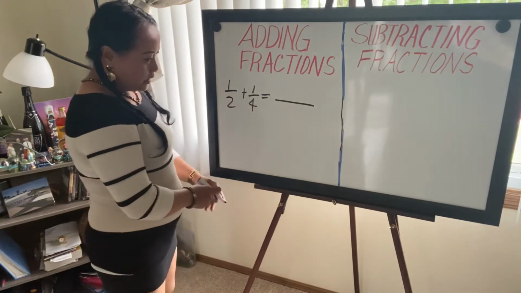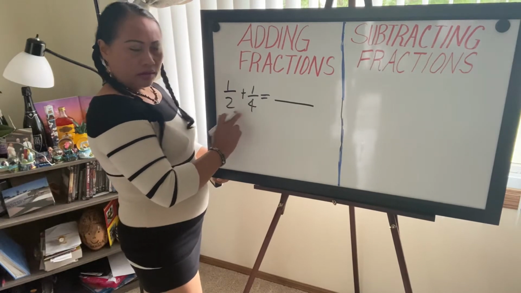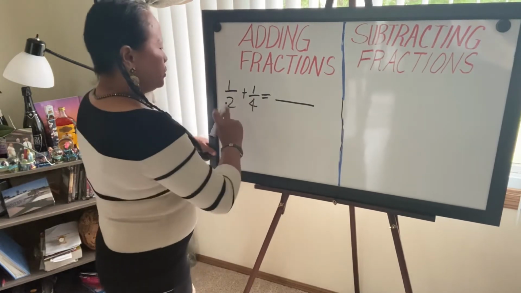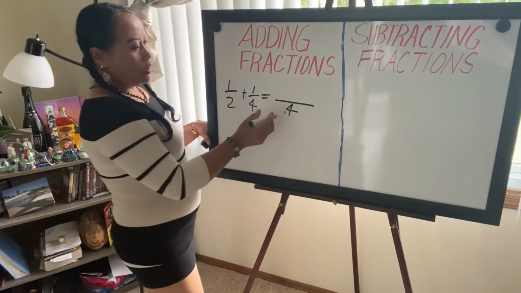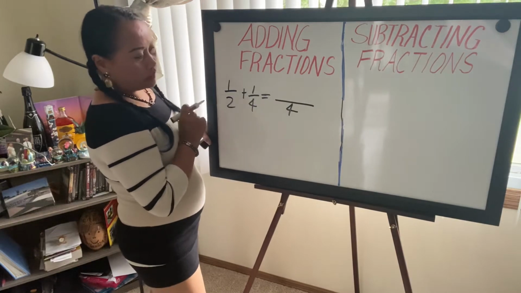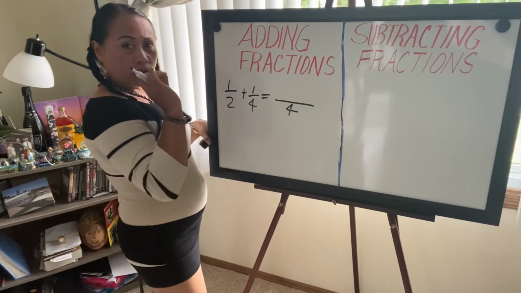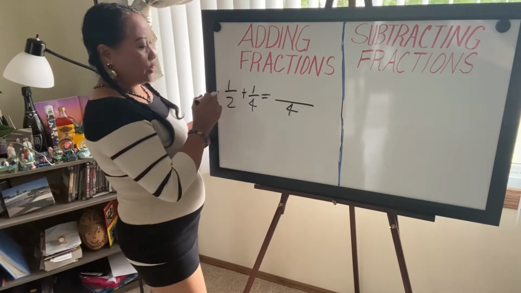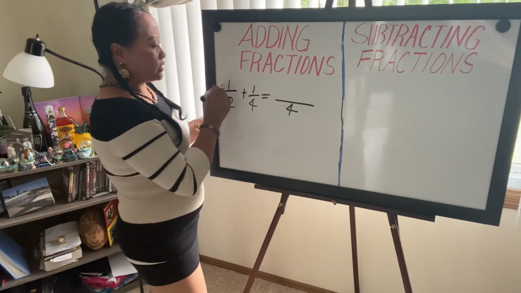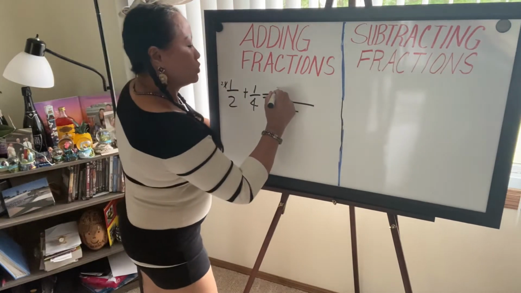What is the number that can be divided into both numbers? Think. It is 4. So 4 divided by 2 is, how many 2s in 4? There are 2, and then the result is times 1. So 2 times 1 equals 2.